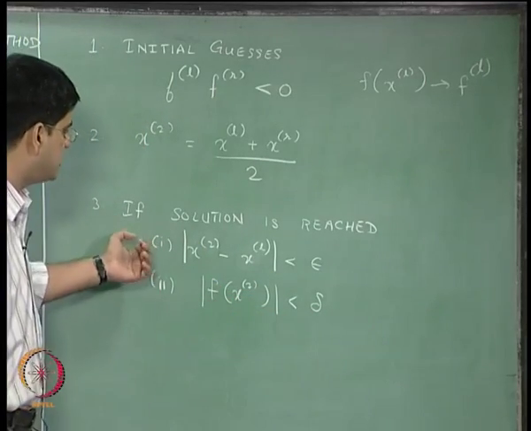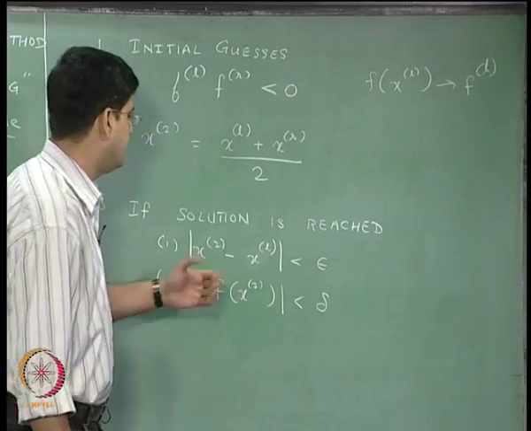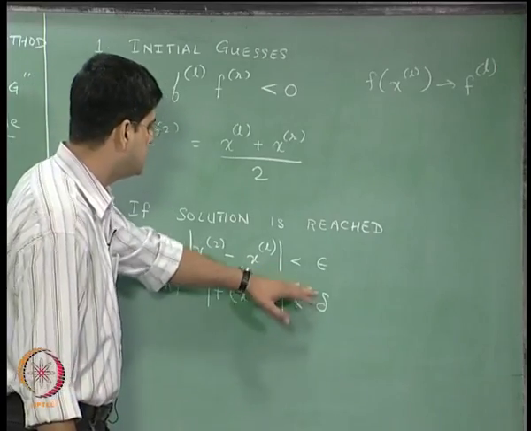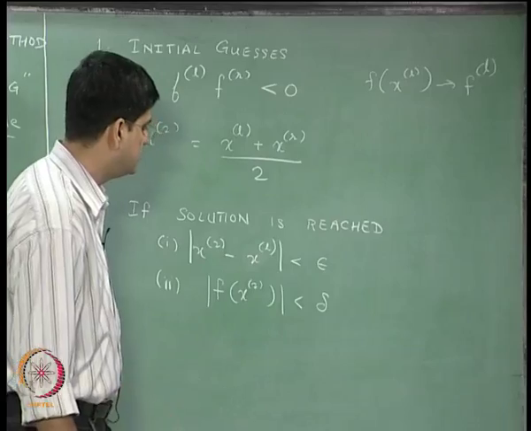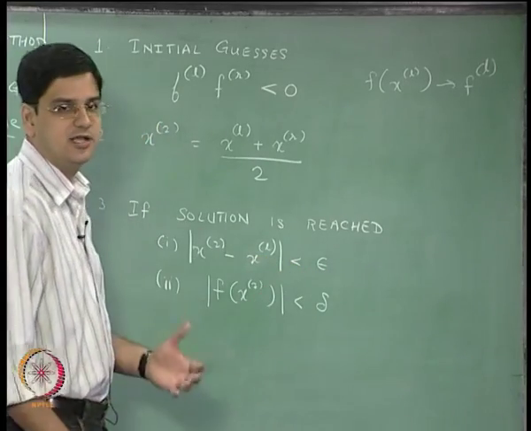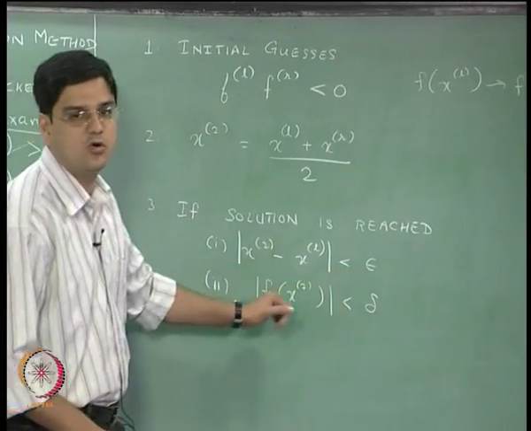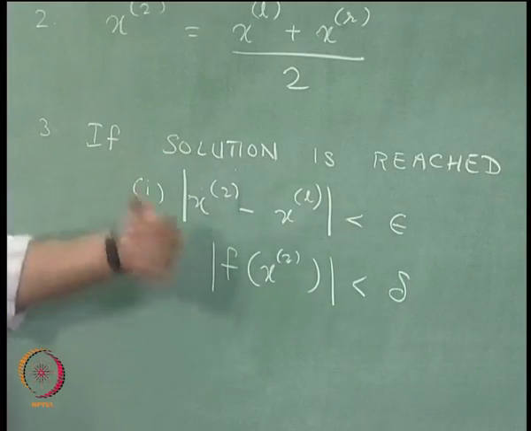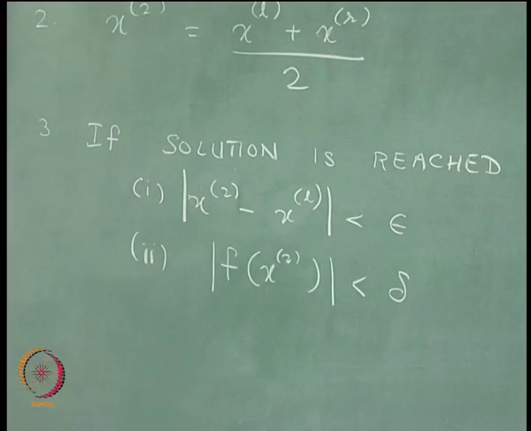Some of the more advanced numerical techniques that are available in various packages such as MATLAB and so on will use both these criteria and check both to determine whether the solution is reached or not. In general, as we had done in module 2, we are interested in finding out how close our new solution is to the previous solution, and if the new solution is close enough to the previous solution, we will say that the solution is reached.